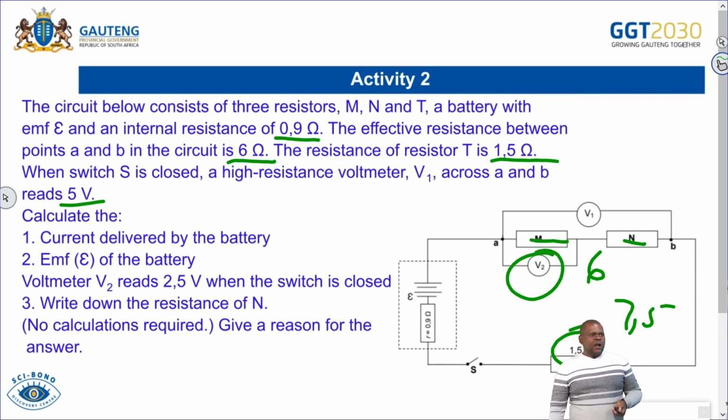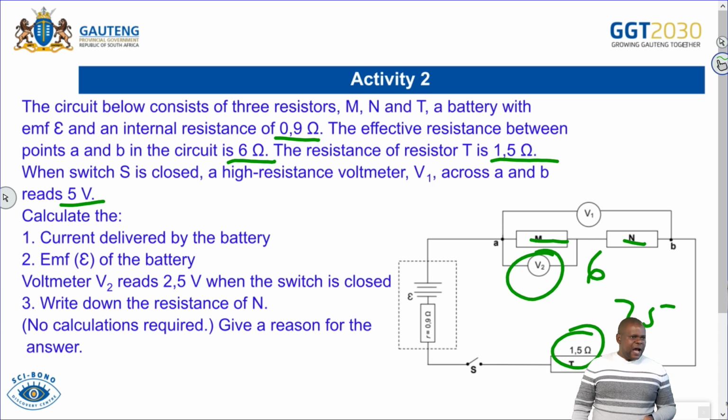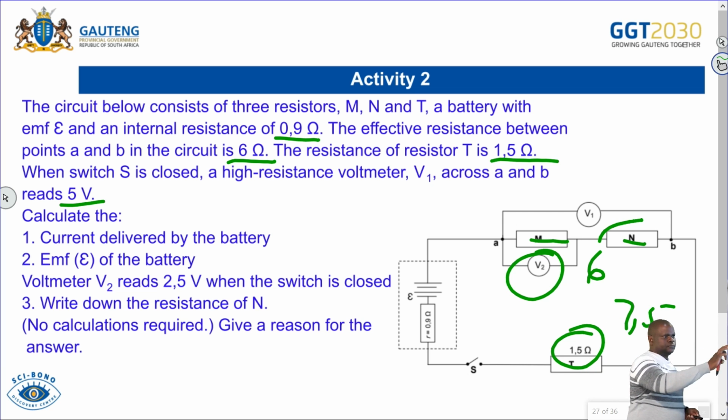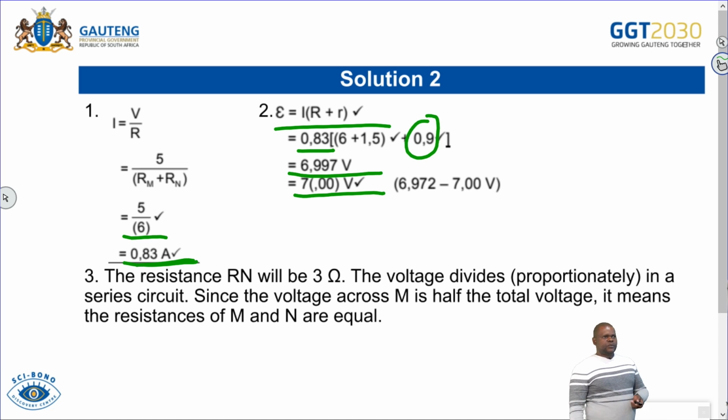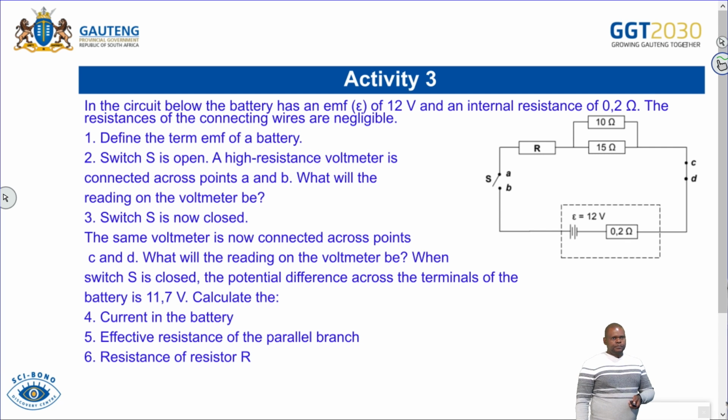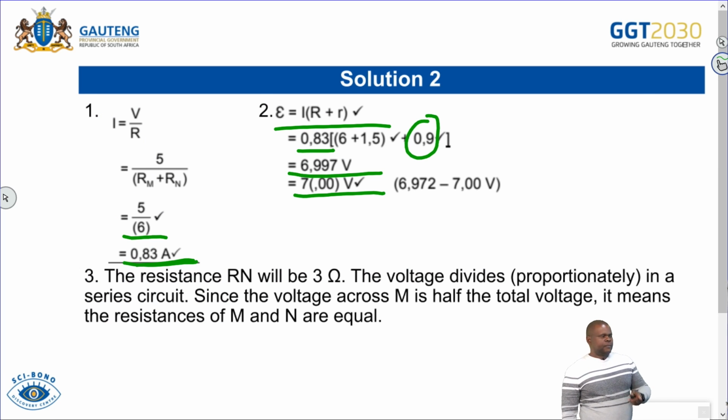They're saying, calculate and write down the resistance of resistor N. This is how we get it.